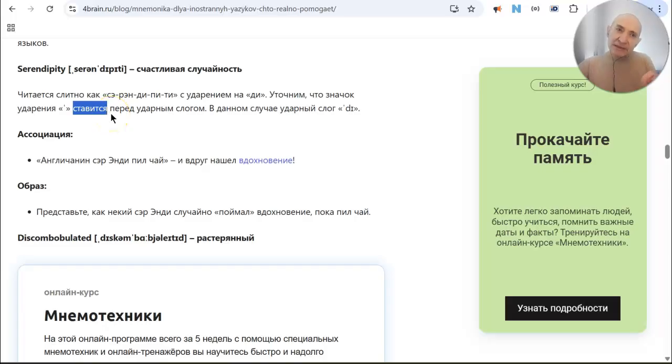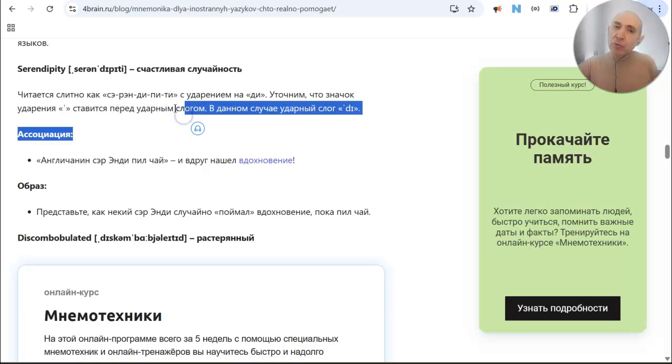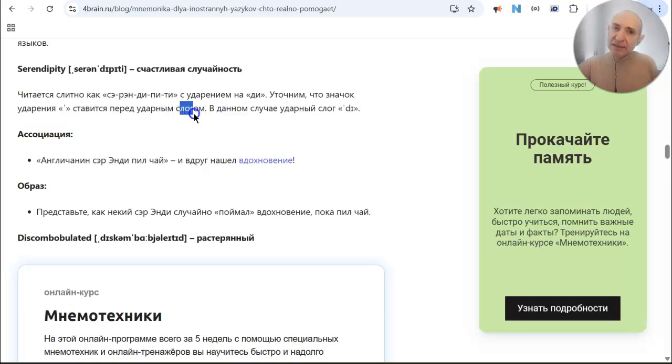Actually, ставится in a more general understanding would be "is located." But for all intents and purposes, that's "is written, is printed." Перед, before, ударным слогом. So слог would be a syllable. That's slog.